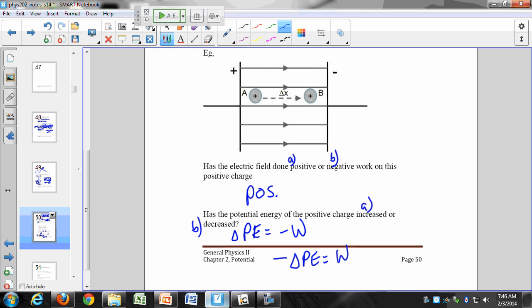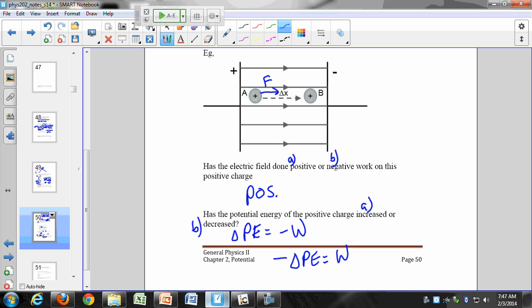And you can think about it too: I have this force pushing on this particle because it sits in this electric field. And remember, the direction of the electric field is the same direction as the force on what type of particle? A positive or a negative particle? Positive particle, right.